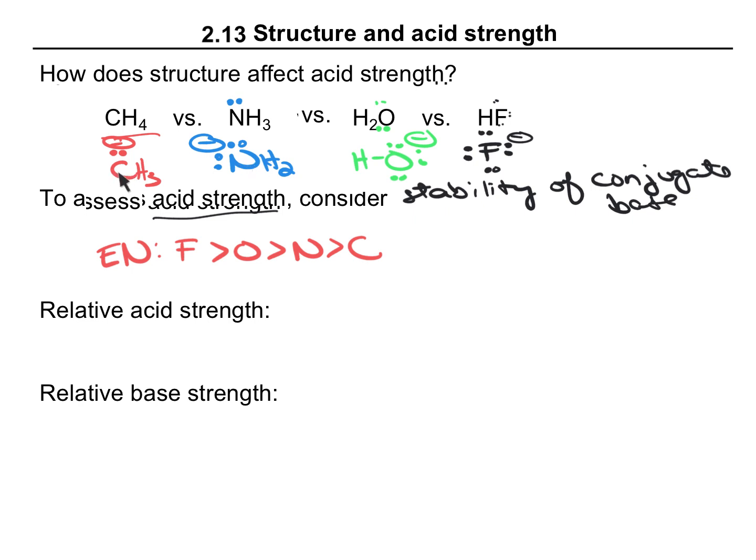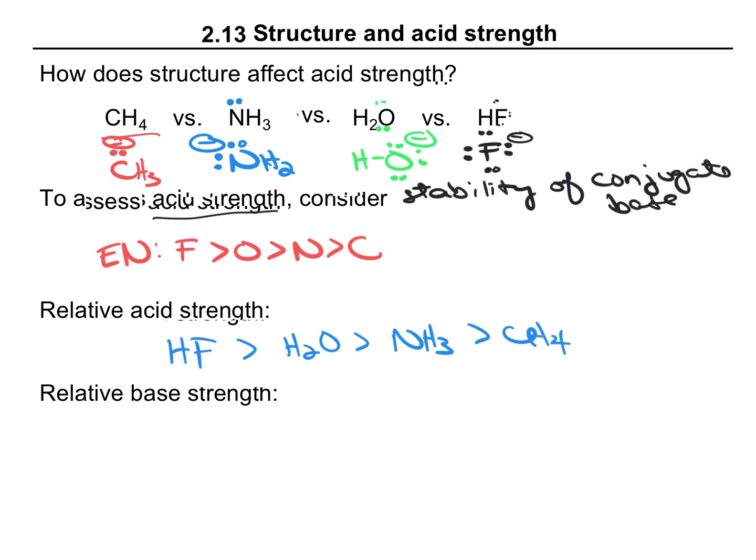The carbon is pretty bad at holding a negative charge. So this is going to be very unstable, and as we move this way, it becomes more stable. That means then that in terms of relative acid strength, HF is going to be the strongest acid, followed by water, followed by ammonia, followed by methane.